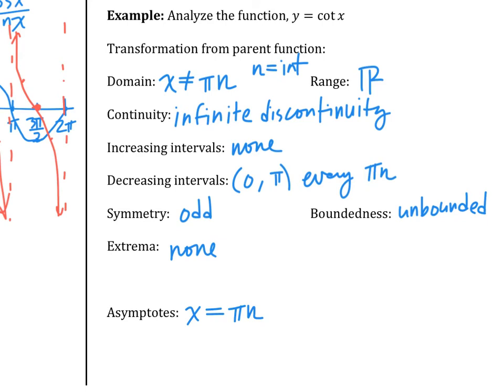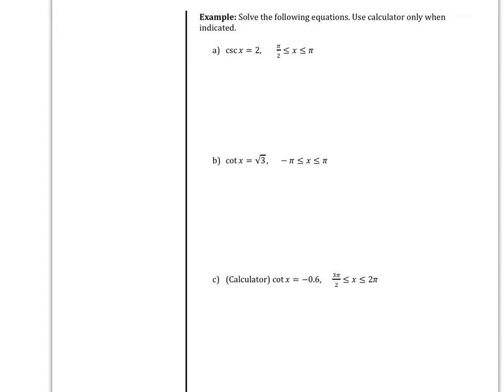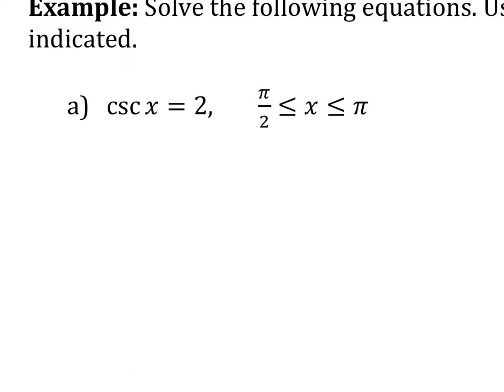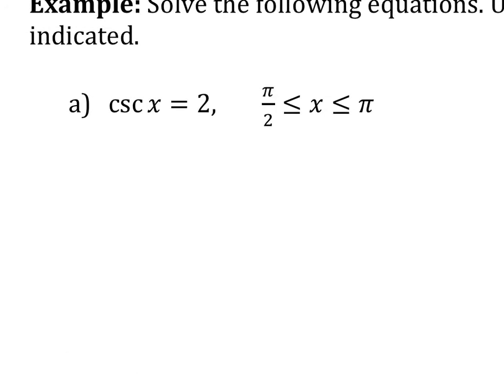Let's see what else we have. Solving. Okay. This is solving with the knowledge of unit circle. Okay, so cosecant equals 2. We only memorize our unit circle in sine and cosine, so we have to change it to sine and cosine. So cosecant is what? Okay, 1 over sine is 2. So sine is what?